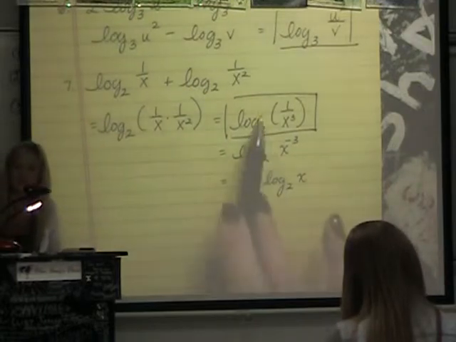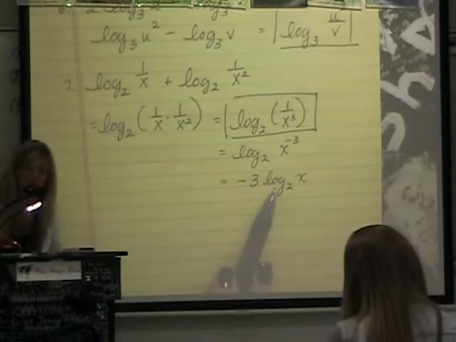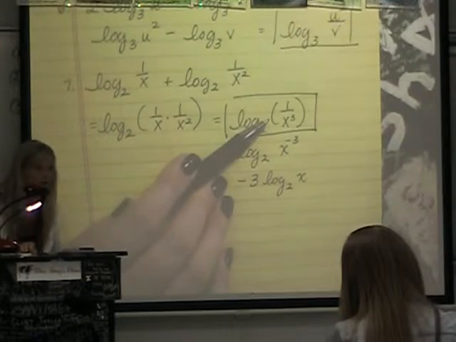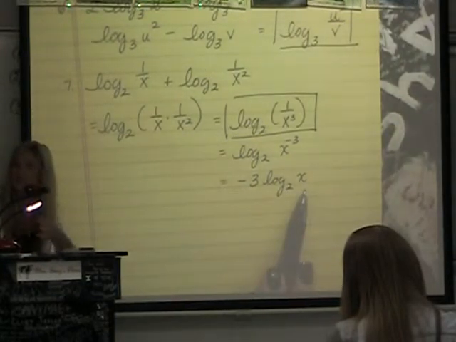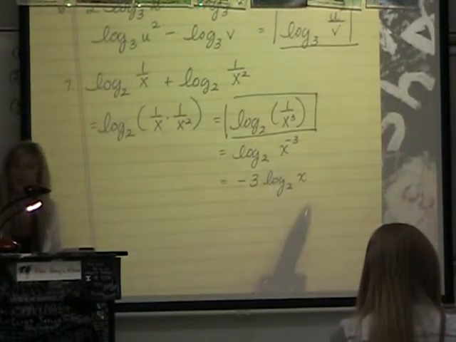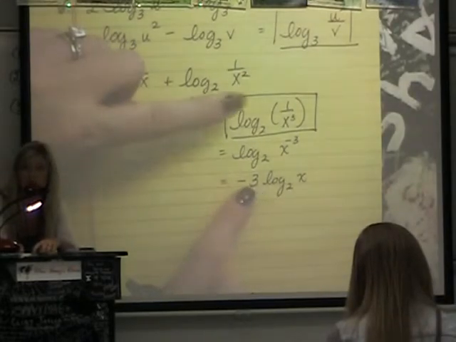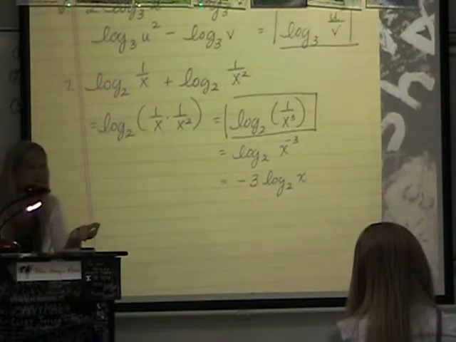But I'm just showing you this in your notes so that if it does pop up on a multiple choice test and you get log base 2 of 1 over x cubed for your answer, but the choice is negative 3 log base 2 of x, you're able to make that connection between those two answers. You definitely wouldn't have to choose between these two. It would be one or the other. They're equally correct, by the way. But just make sure you're able to recognize that on a multiple choice test, no matter what form they give it to you.